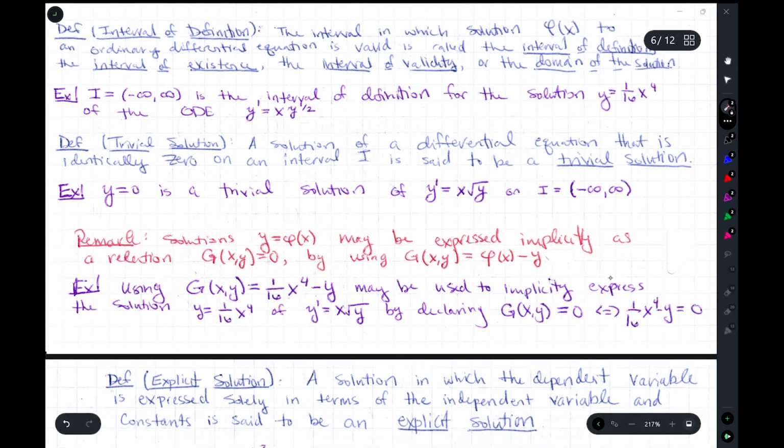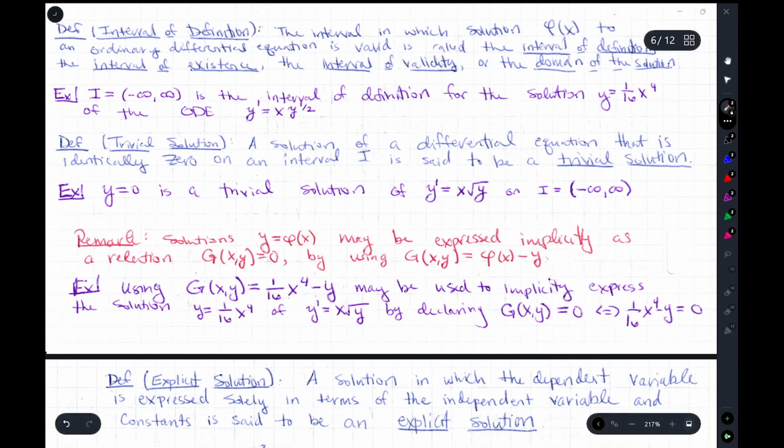That's very common when we start talking about exact equations. The way we do those, we end up expressing solutions as level curves of functions of two variables, such as we're doing here.